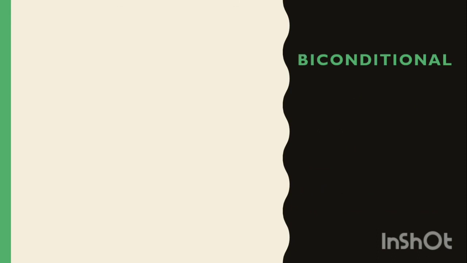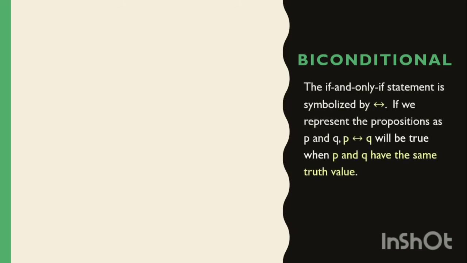So the last one is the biconditional. In a biconditional, or we also call this the if and only if statement, symbolized by this double-sided arrow. If we represent the propositions as P and Q, P if and only if Q will be true when P and Q have the same truth value.